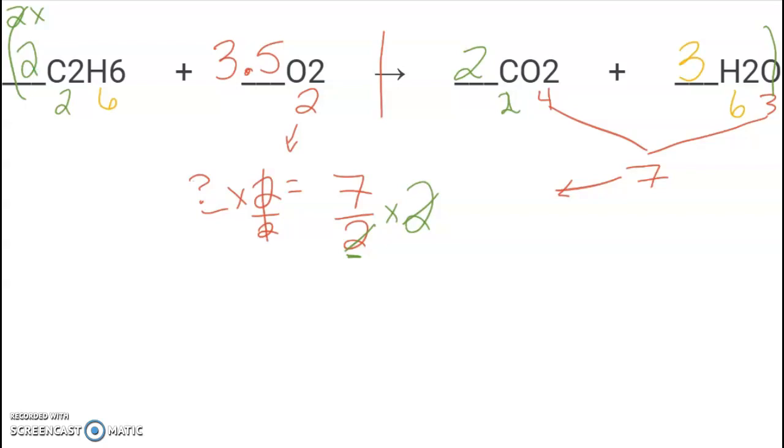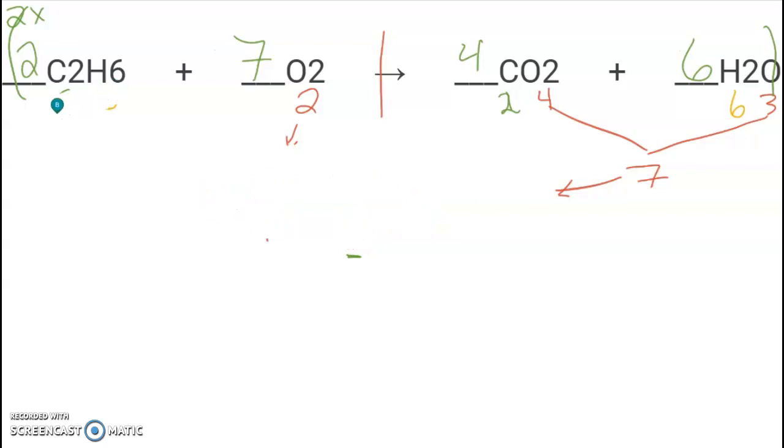My 3.5 turns into a 7. My 2 turns into a 4. And then my 3 turns into a 6. If you go back and check out our RAP chart, all my numbers add up to be balanced on both sides of the arrow.